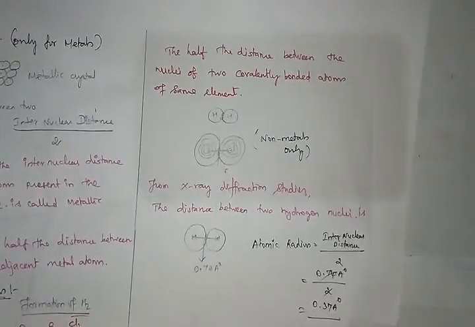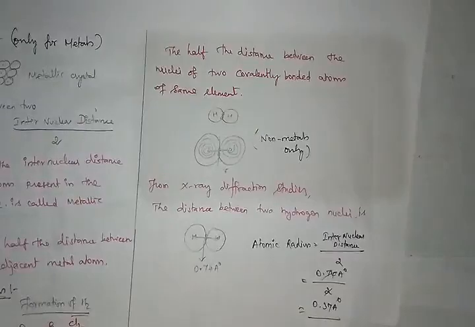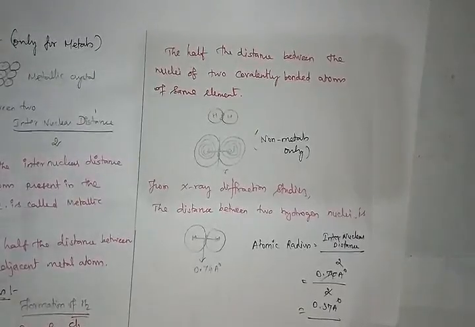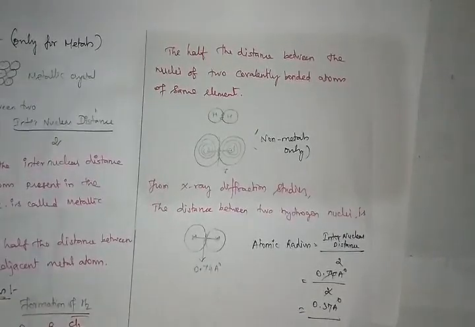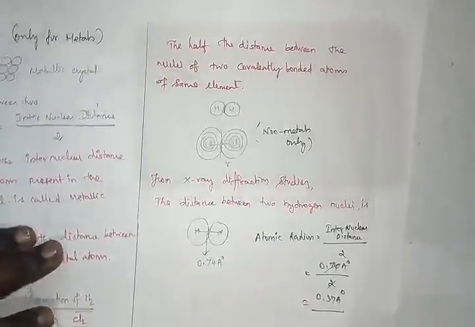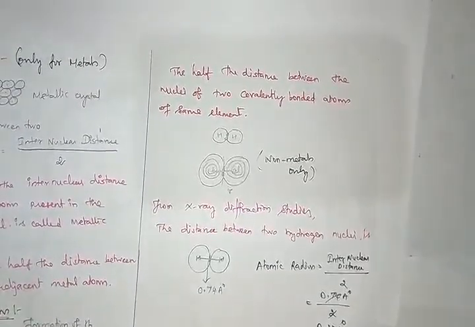Understand? So now let us see some basic concept of trends. That means we call trends how the atomic radius varies along the period and group. Got it? So let us see the group first.